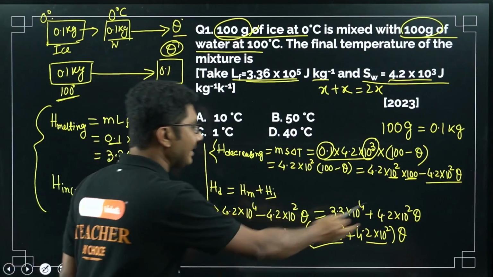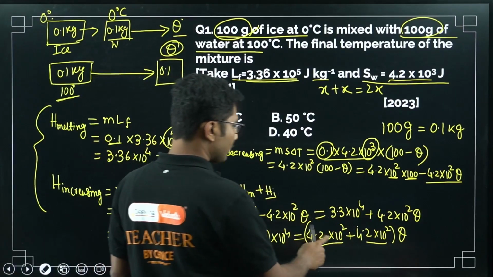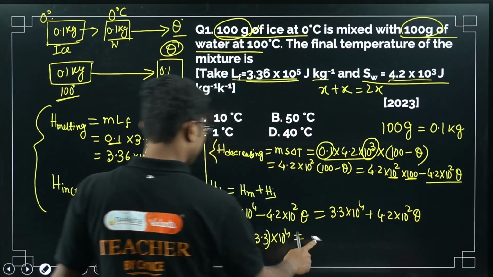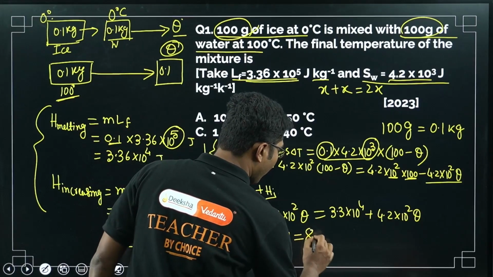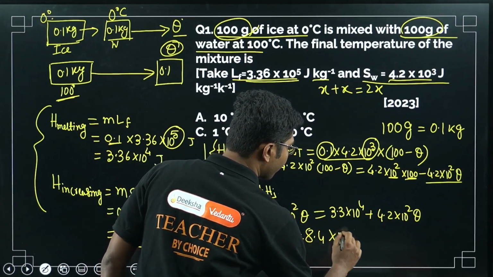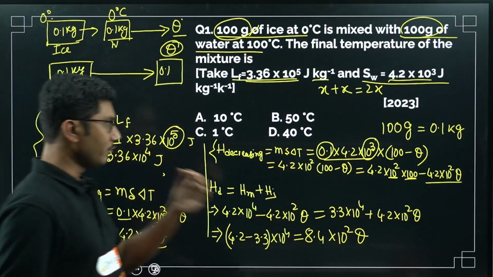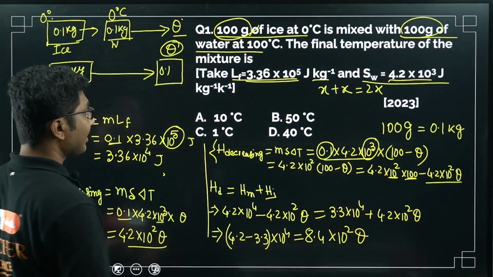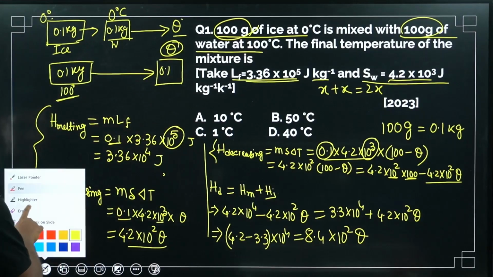So instead of adding them, what we will do, we will simply multiply them by 2. So we will get 8.4 times 10 to the power of 2 theta, right? So 4.2 times 2, right? Clear?